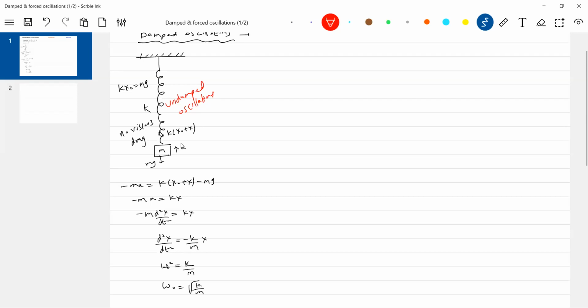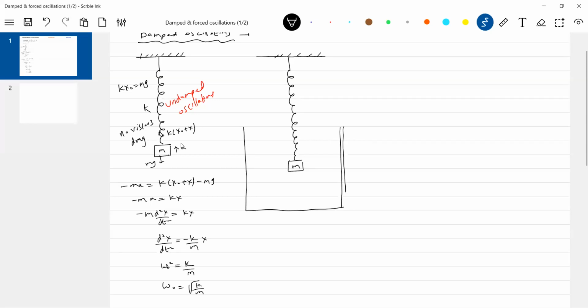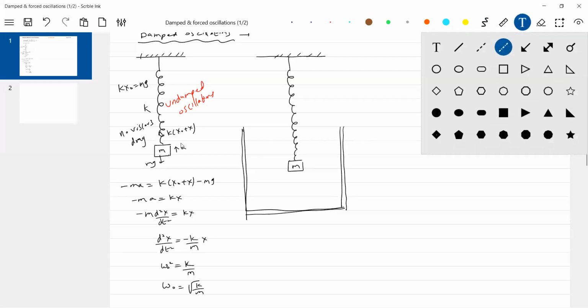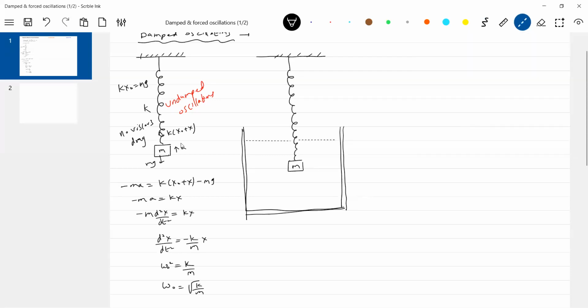Let me immerse this in a liquid. So this spring block system, what I'll do is I will take this.